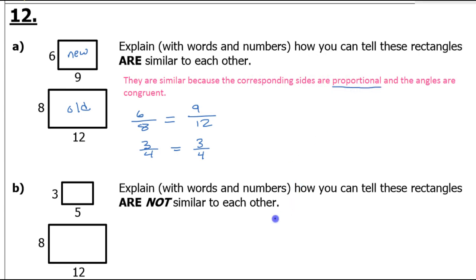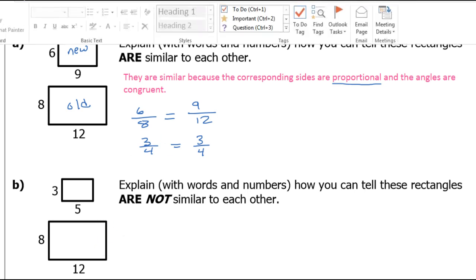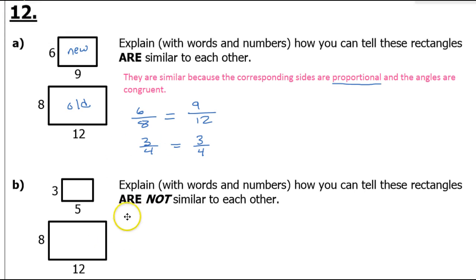Okay, now, similarly, we're supposed to explain why these rectangles are not similar. So I'm going to do the same type of thing. Since they're not similar, and we already know that the angles are congruent, the problem must be that the sides are not proportional. Okay, so I'm just going to write that down.